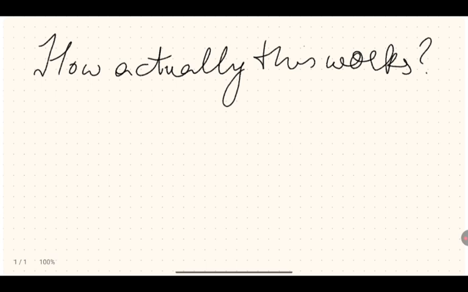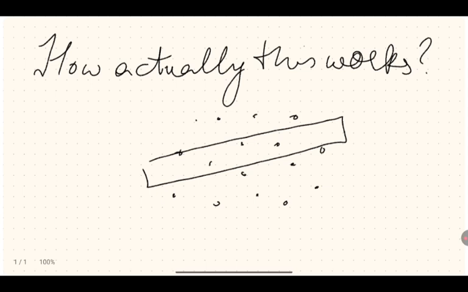Imagine that there are certain data points lying here and there in the space. These are the data points or the observations, and there's one ruler, a scale.